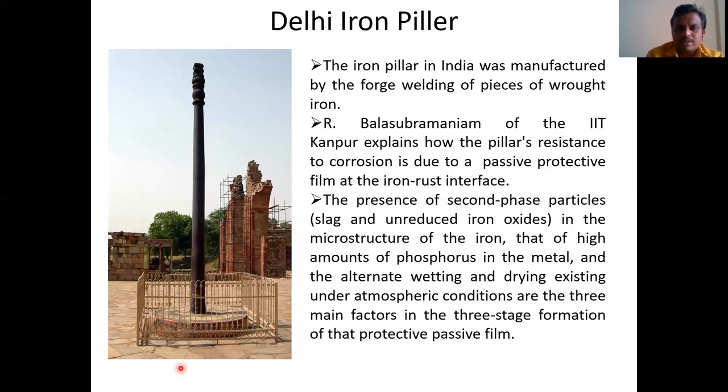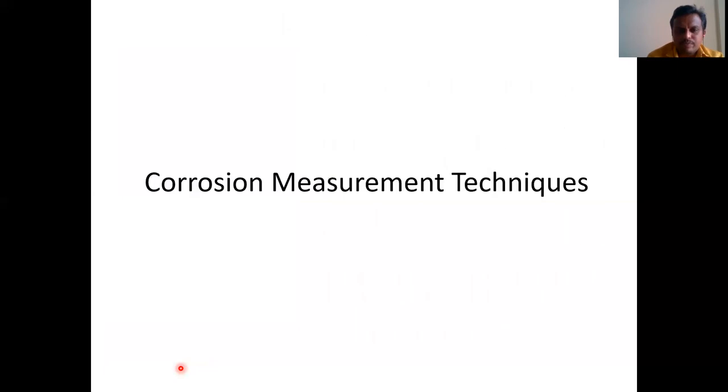That's why this iron pillar has not yet corroded. It contains a higher percentage of phosphorus, and slag and unreduced iron oxides at the interface of iron and rust surface, and that's why it does not get corroded yet. It is the best example of corrosion resistant material in the Delhi iron pillar.